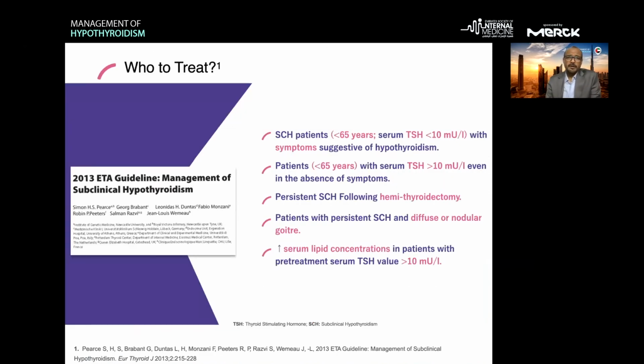So I'm just taking you to one of the few slides left. Because this is a very common question: when to treat subclinical hypothyroidism. Subclinical hypothyroidism is when a patient has high TSH, less than 10, with normal T4 level.